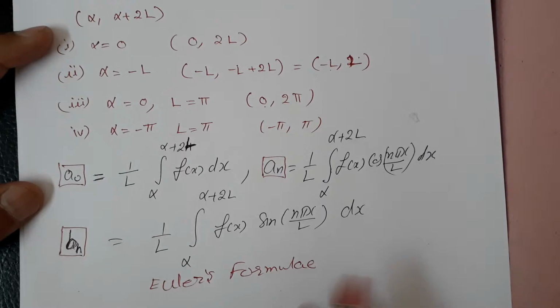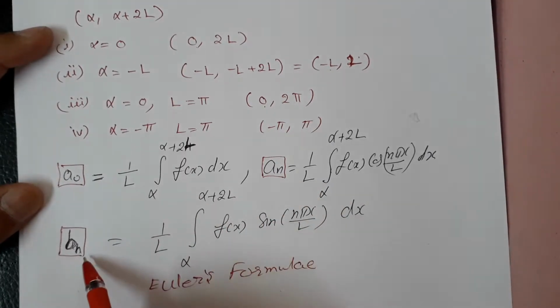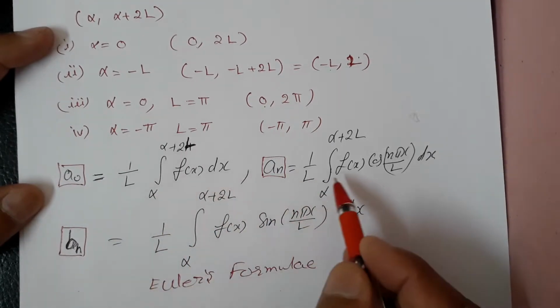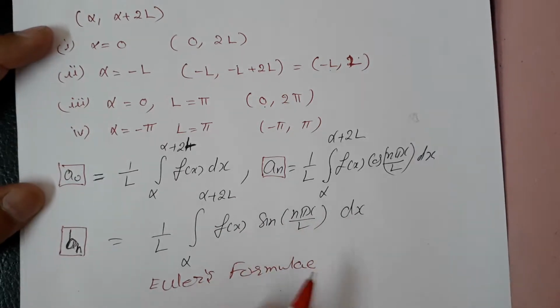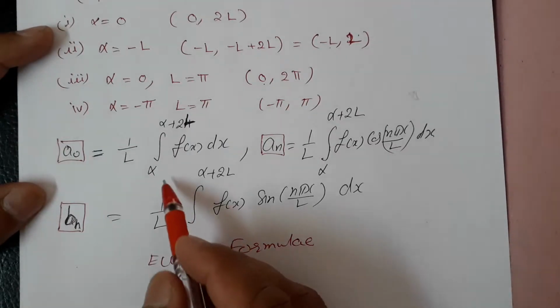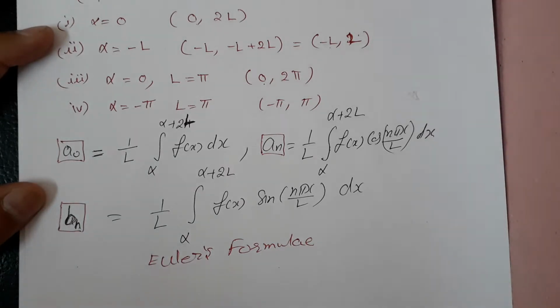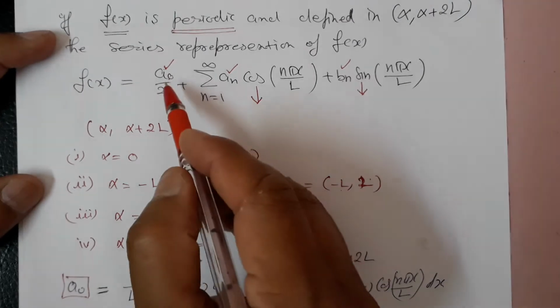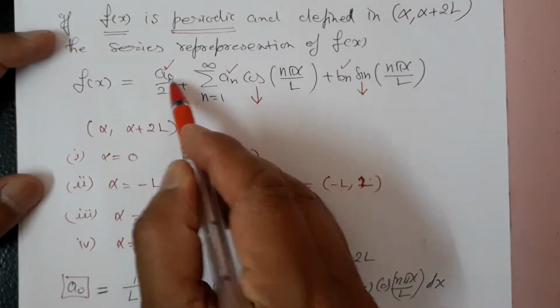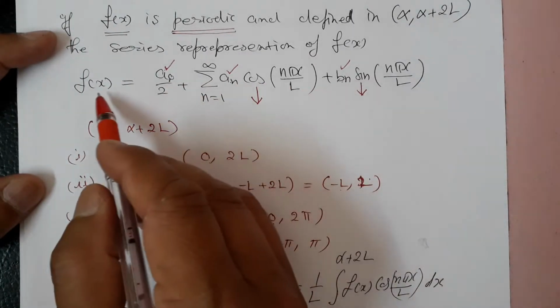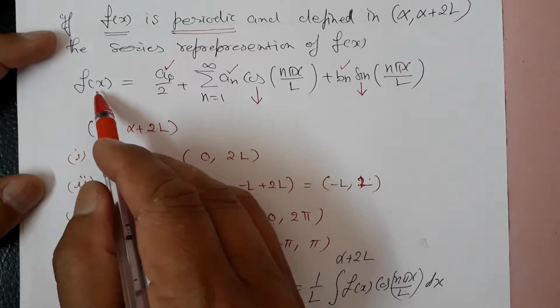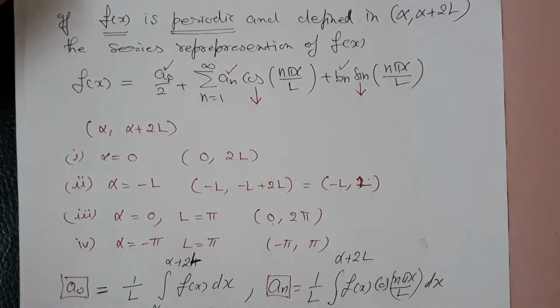And these Fourier coefficients a naught, a_n and b_n, the formulas for these are given by the famous mathematician Euler, and these are the formulas for finding the values of the Fourier coefficients. By finding these values, we can substitute the coefficients here and have the Fourier series representation of any periodic function f(x).